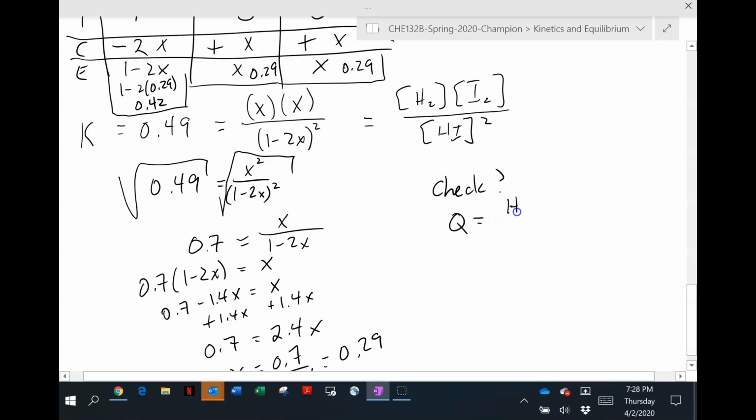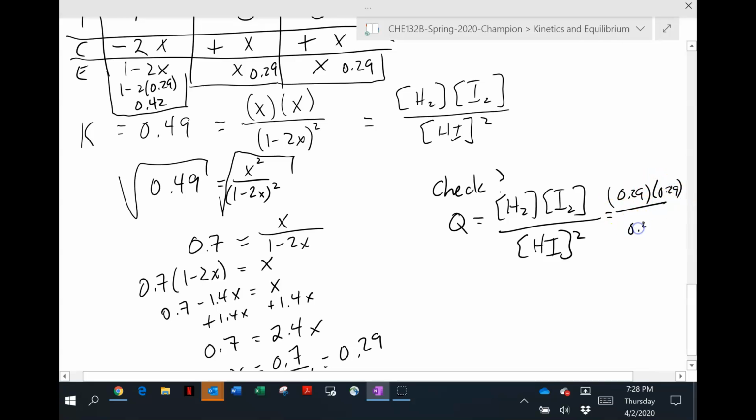So we have H2 times I2 over HI quantity squared, and what we have there is 0.29 times 0.29 over 0.42 squared. Plugging that in the calculator, I get a Q value of 0.484, which is pretty close to 0.49, so that's okay. We're pretty much at equilibrium.